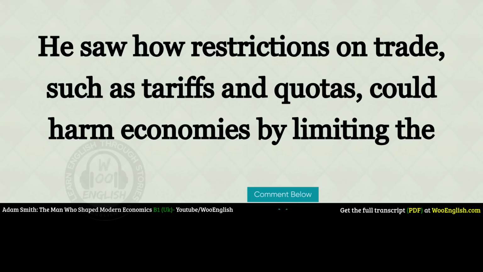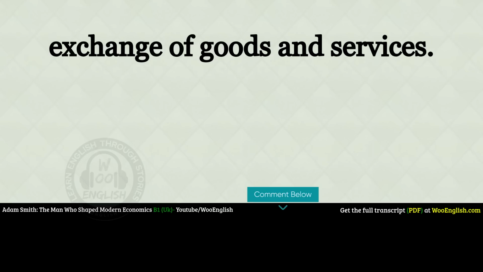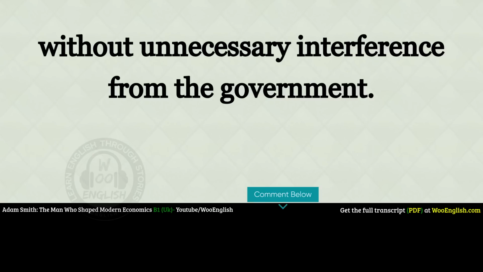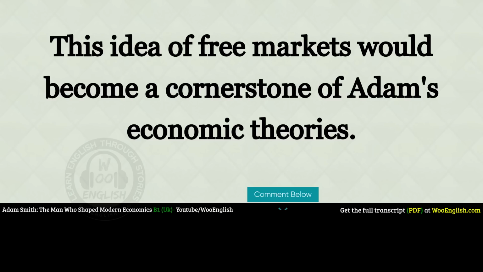He saw how restrictions on trade, such as tariffs and quotas, could harm economies by limiting the exchange of goods and services. He began to believe that economies worked best when people were free to trade with one another, without unnecessary interference from the government. This idea of free markets would become a cornerstone of Adam's economic theories.